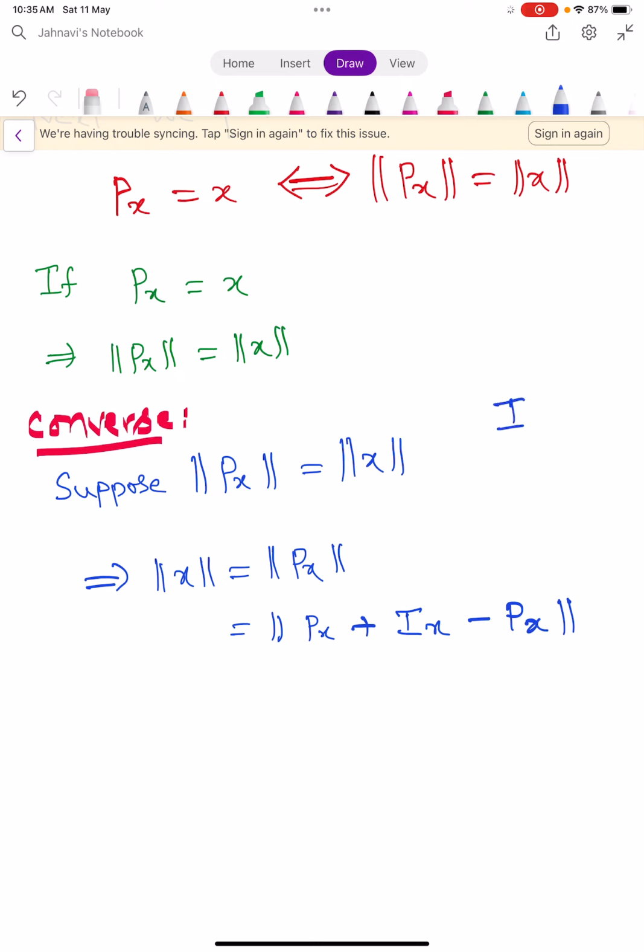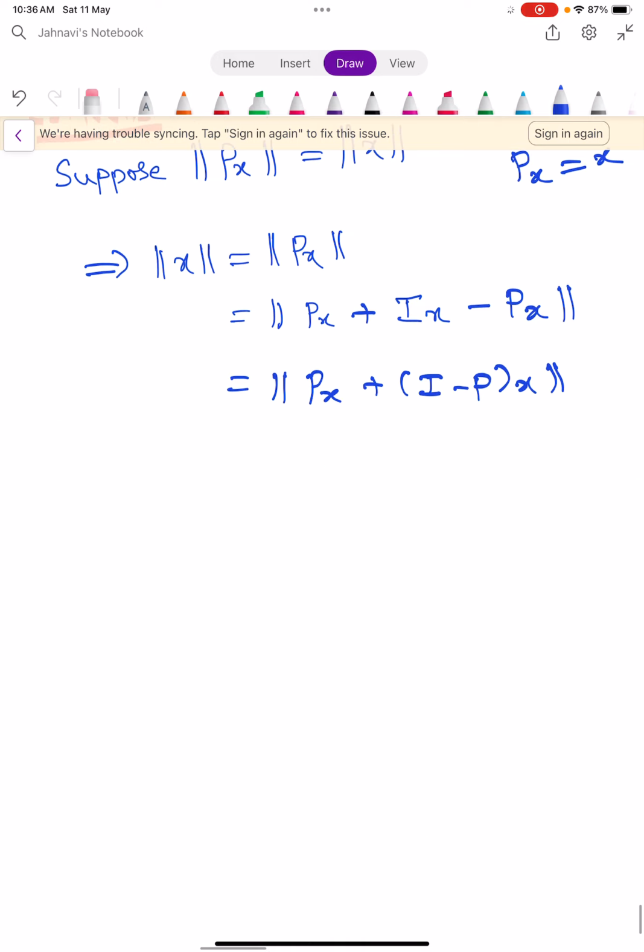You see here, Ix = x, and Px is also equivalent to x, as we already proved. So x minus x gets cancelled. This can be written as norm Px plus (I minus P) into x. Now, squaring on both sides, norm x whole square = norm (Px plus (I minus P)x) whole square.